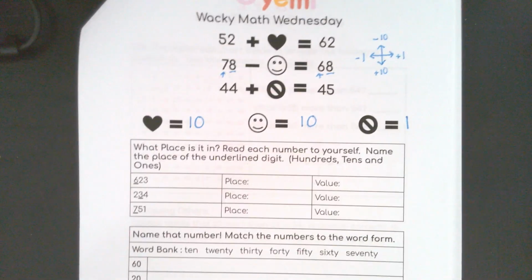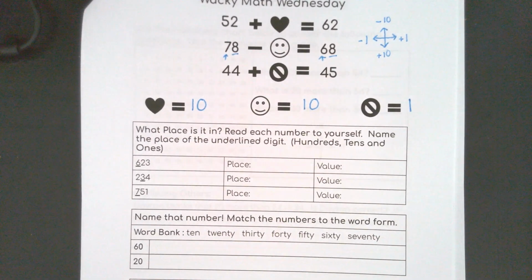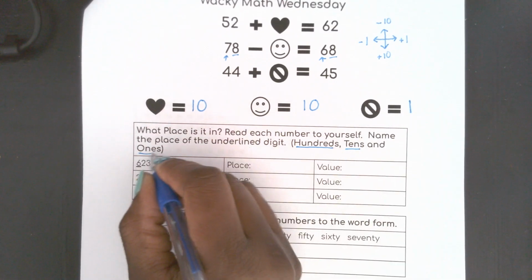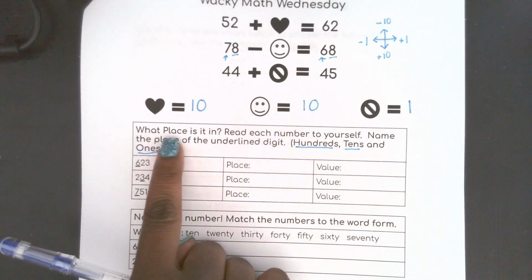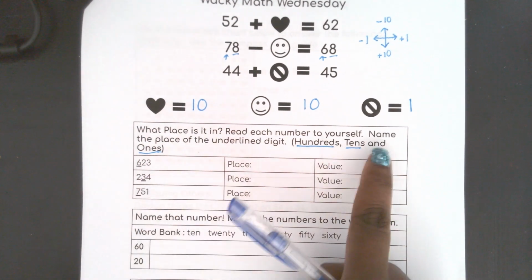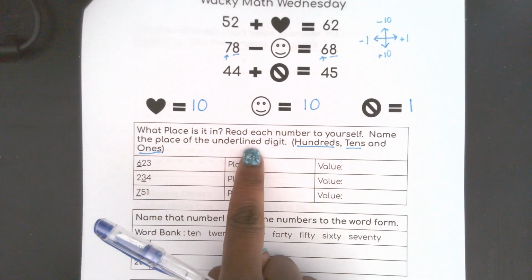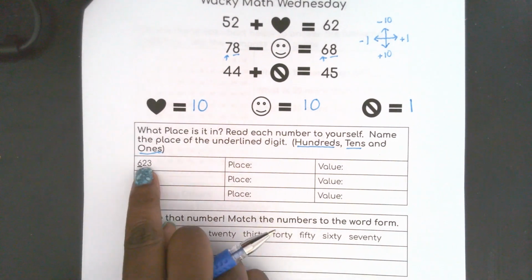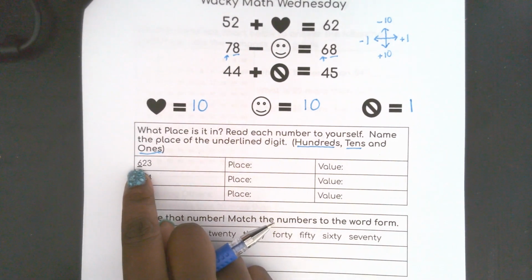Now this we've done this week. We have to use the vocabulary hundreds, tens, and ones. So it says, what place is it in? Read each number to yourself. Name the place of the underlined digit. And then we want to figure out the value. So the underlined digit here is the 6. Is that 6 in the hundreds, tens, or ones place?